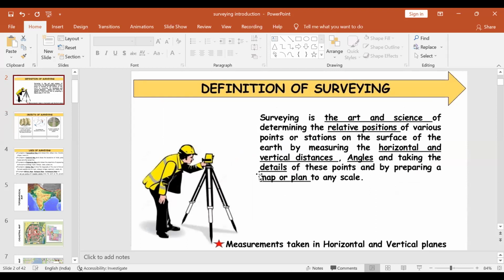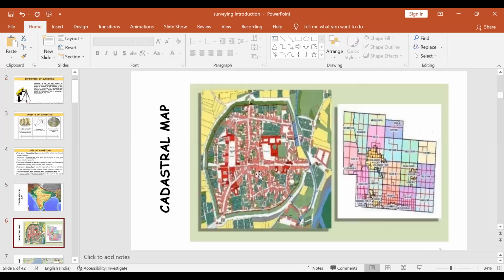With the help of these instruments, we know exactly where we are, what the location is, and how the map is going to show it. All these things, whenever you are using GPS, are prepared by a surveyor only. Why? Because this is the cadastral map.